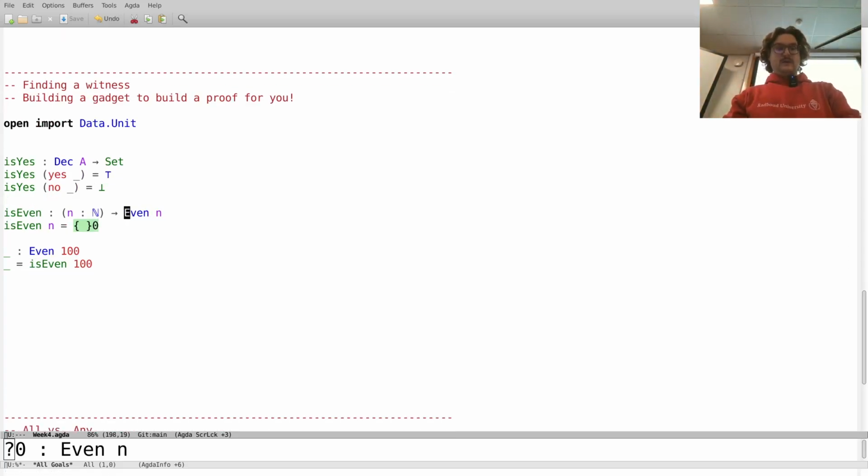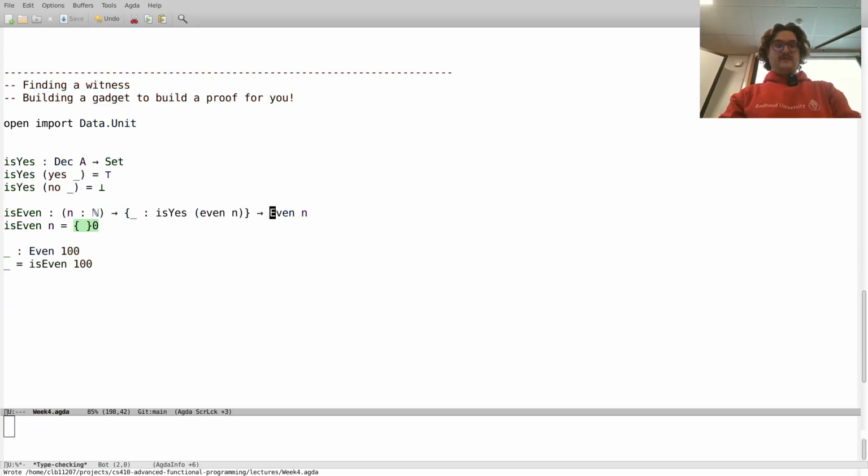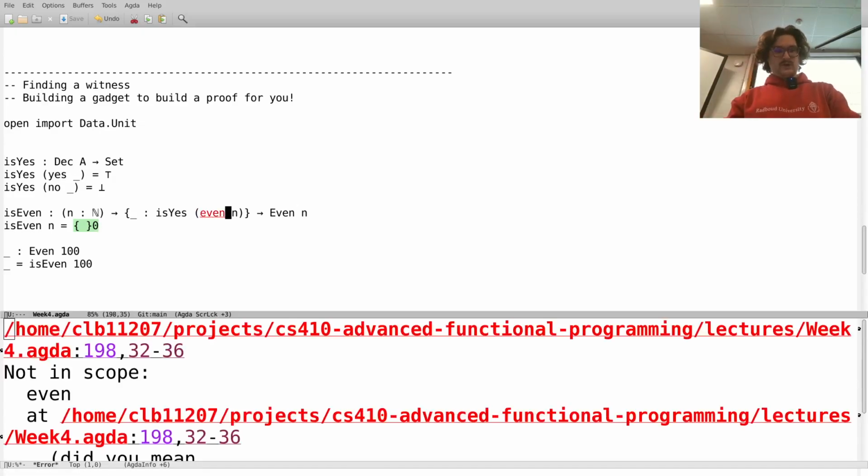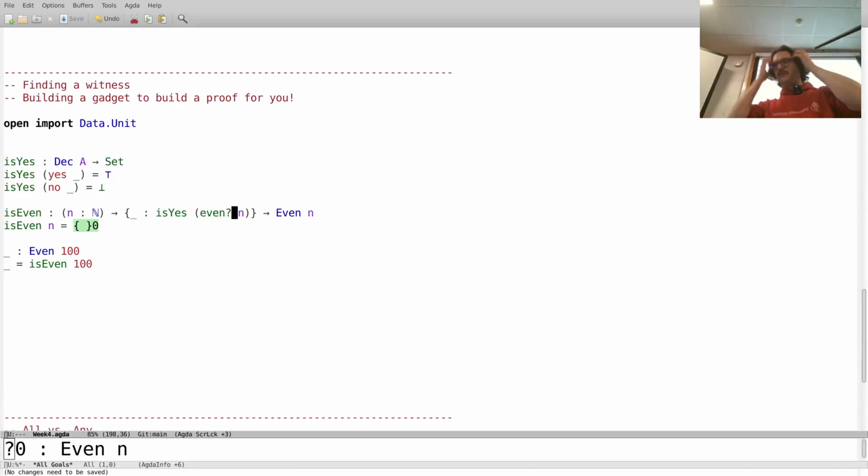And so then here we can say, well, if only I knew that the natural number you gave me is even. So if I ask the question, is n even, and the procedure tells me yes, then I'm happy to give you a proof that n is even.